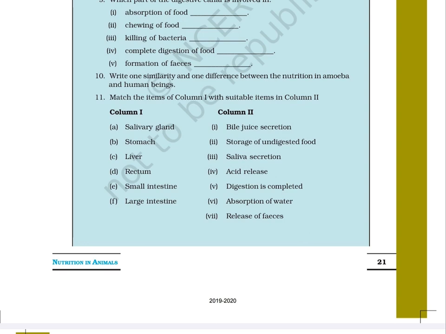Bile juice secretion. 2. Storage of undigested food. 3. Saliva secretion. 4. Acid release. 5. Digestion is completed. 6. Absorption of water. 7. Release of feces. Page 22.